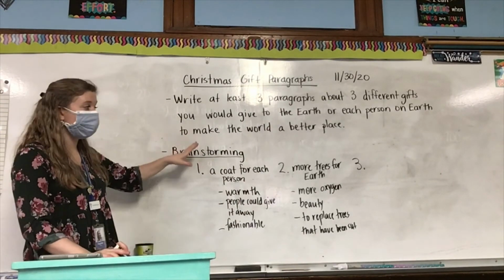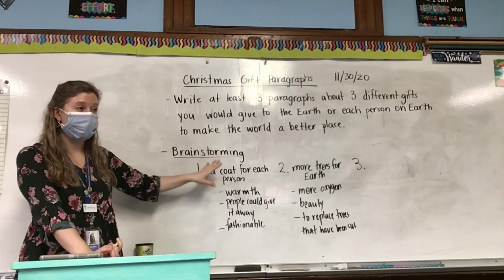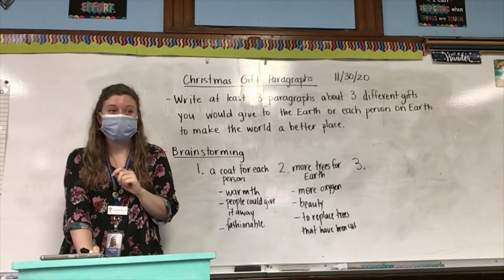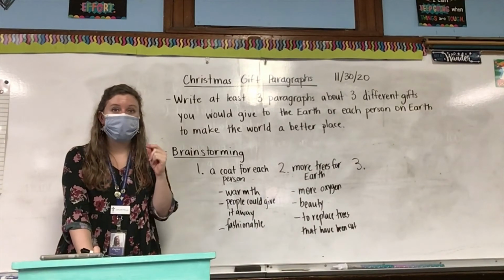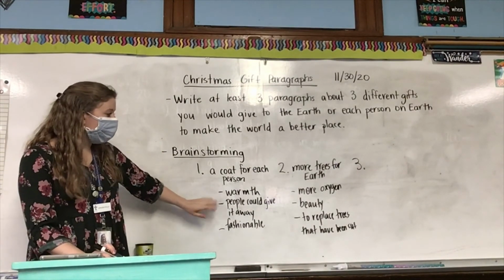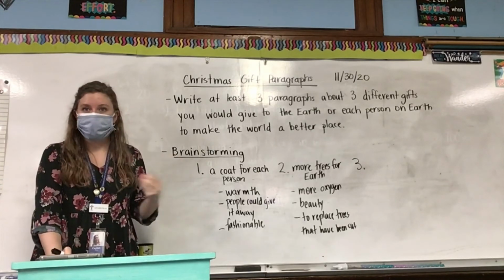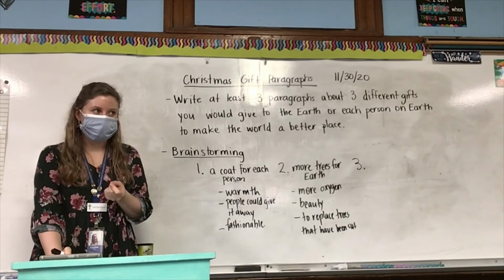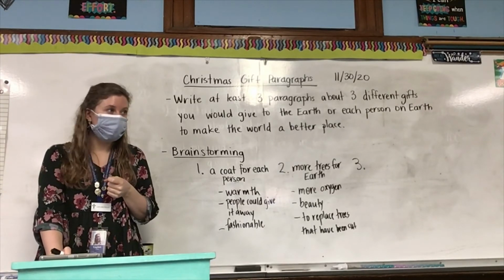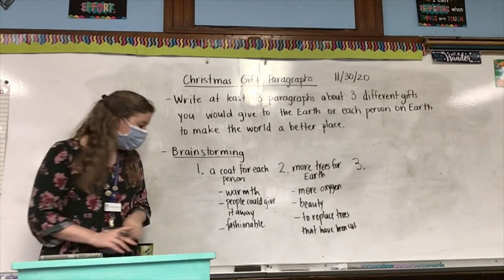But today, you're going to spend the rest of the class time brainstorming 3 gifts you would give either to the earth or each person on earth or both. And then 3 to 5 reasons why you would give each of those things. Any questions? Okay, go ahead.